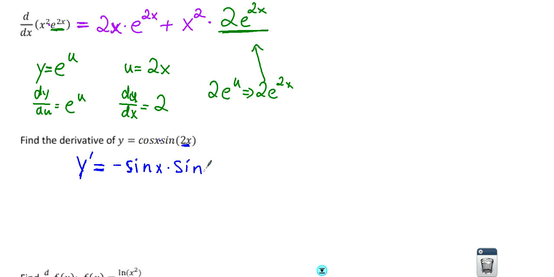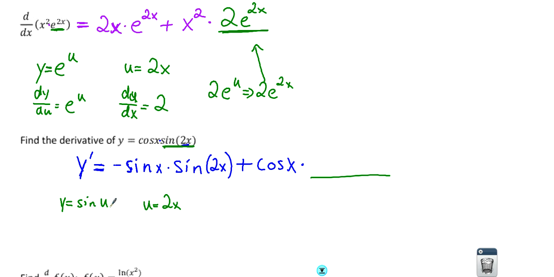times sine 2x plus cosine x times the derivative of sine 2x. And again, this is where I have to do chain rule, inside of my product rule. And again, inside is u, so 2x is u, y equals sine of u.